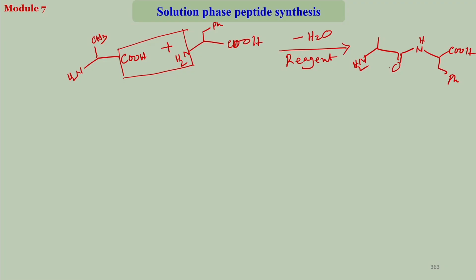Dipeptide means a single peptide bond linking two amino acids, and then you have a free carboxylic acid group. Now again, if you add another amino acid to this, let us say valine, with its acid group and amine, then again you can expect a condensation here.